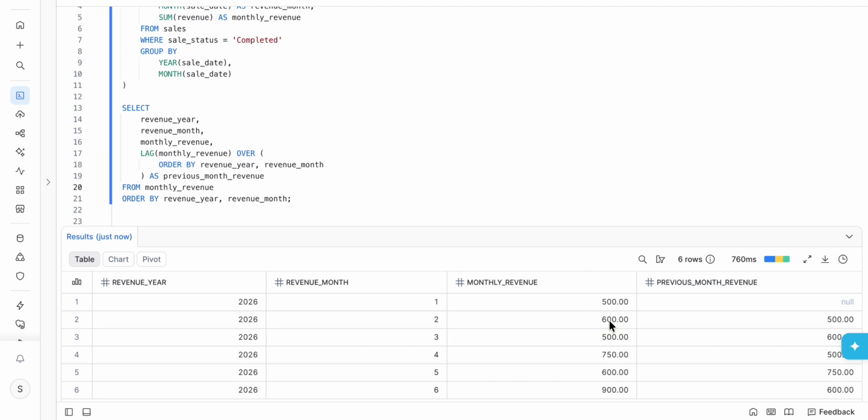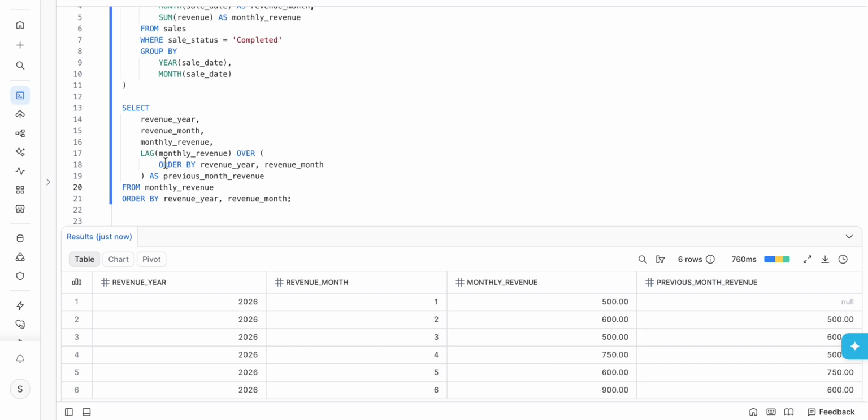You have 600, which is the current revenue, and LAG gives us the January revenue, which is 500. For March, you have 500, and you get the previous month, February's, which is 600, and so on. This is exactly what we needed. January returns null because there is no previous row before January, which is expected.